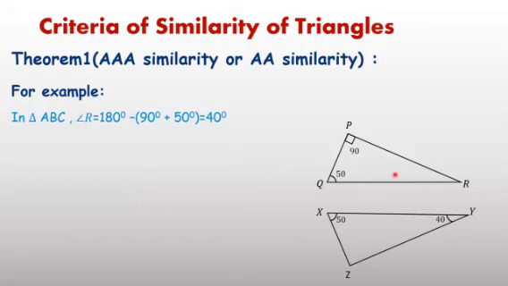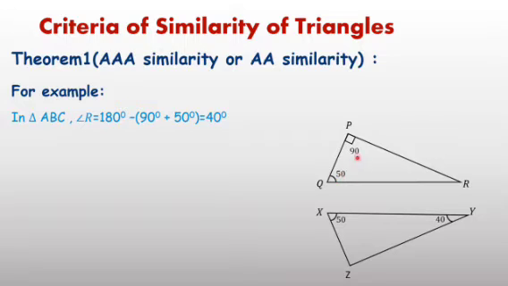One more example. Just observe in the figure: 90 degree, 50 degree, 50 degree, 40 degree. Generally, if any student observes here, directly you can say these two triangles are not similar. Because here 50, 40 given, here 90 and 50 given. Wherever two angles are given, first step is to find the third angle.